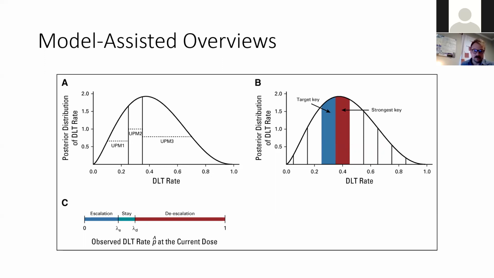If that UPM is found to be the largest for underdosing, then we're going to escalate to a higher dose level. Otherwise, if it's going to lie within the proper dosing interval, we'll stay. Overdosing will de-escalate. So that's just very briefly how that design works.